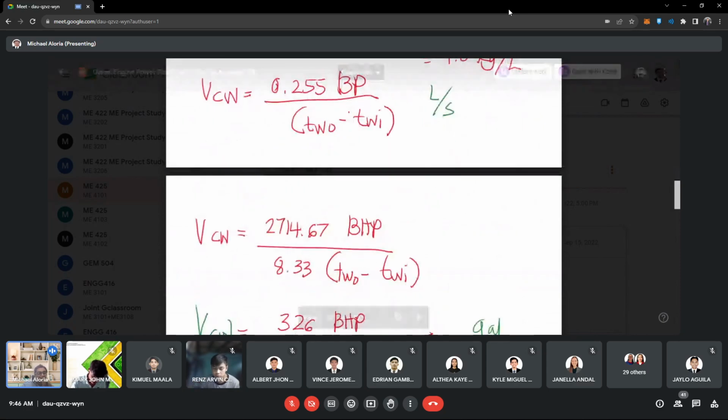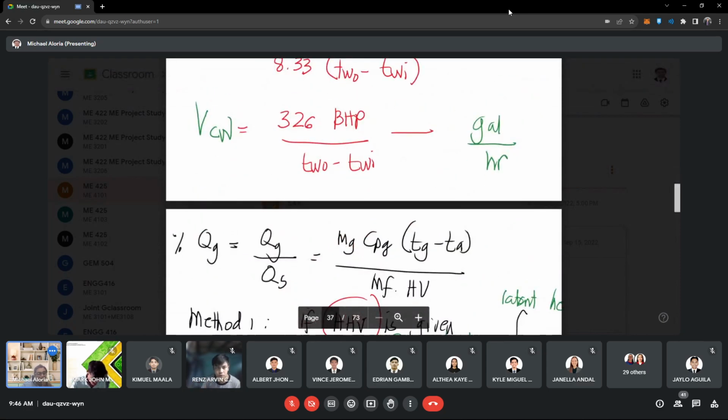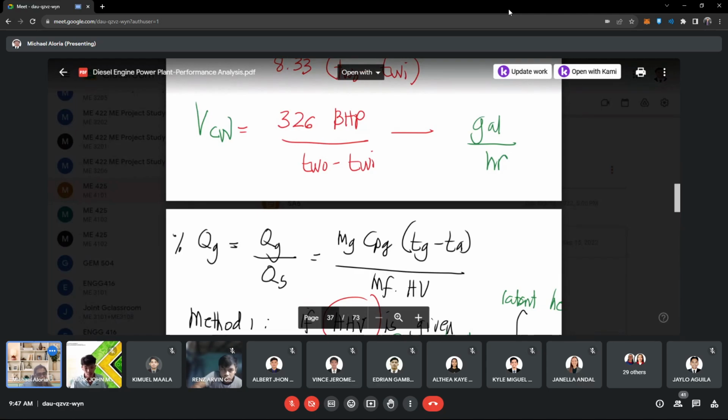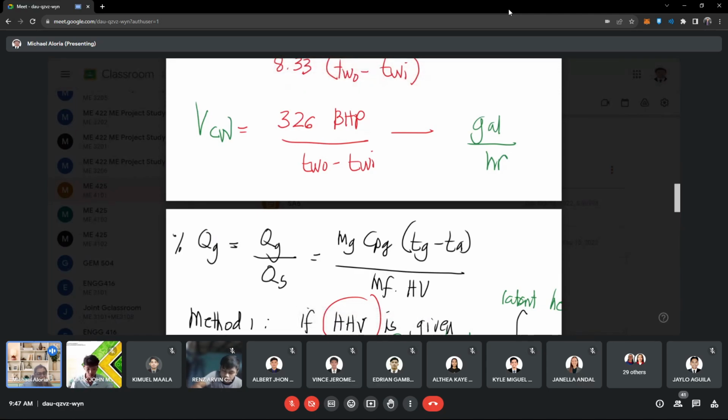Okay? Next is yung percent QG. Heat loss or heat carried by the exhaust gas. I repeat, QG is heat carried by the exhaust gas. Percent QG is QG over QS.